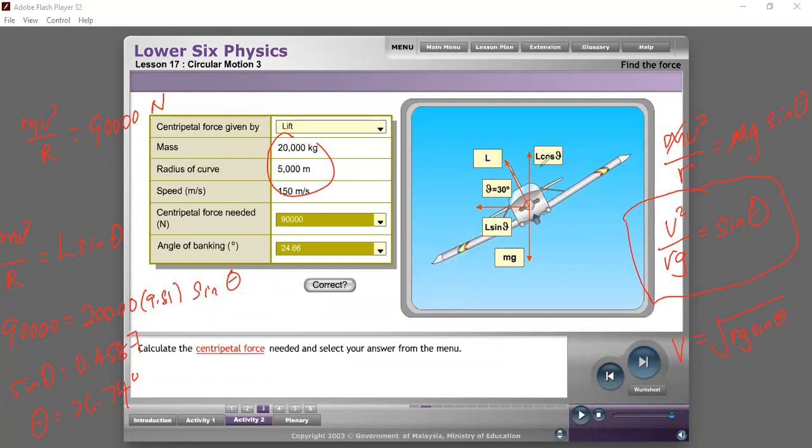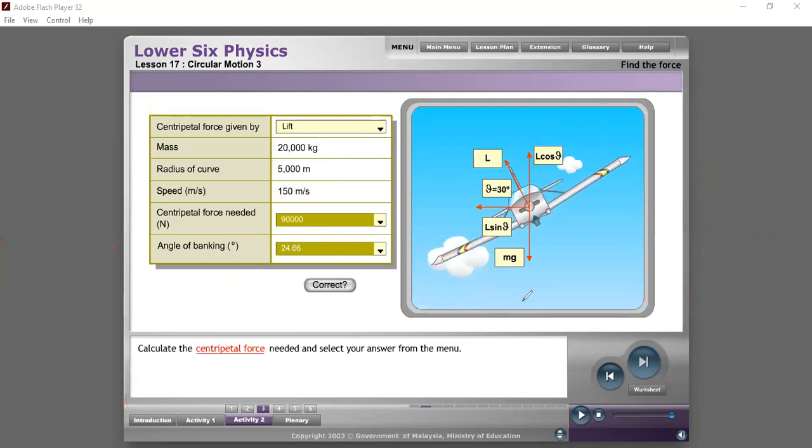Where is the angle? The angle comes from here, because L is from initial here, so it shifts to the left side. Okay, now let's move to the next slide.